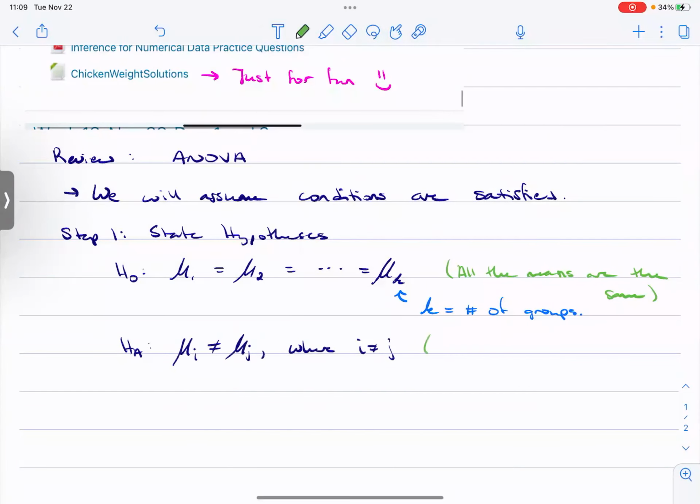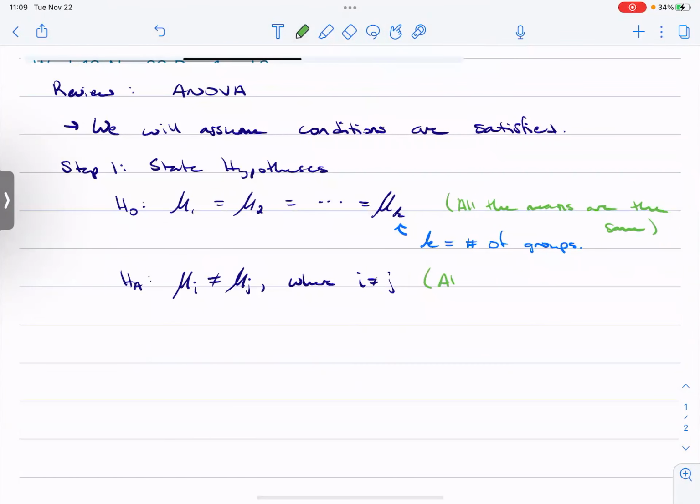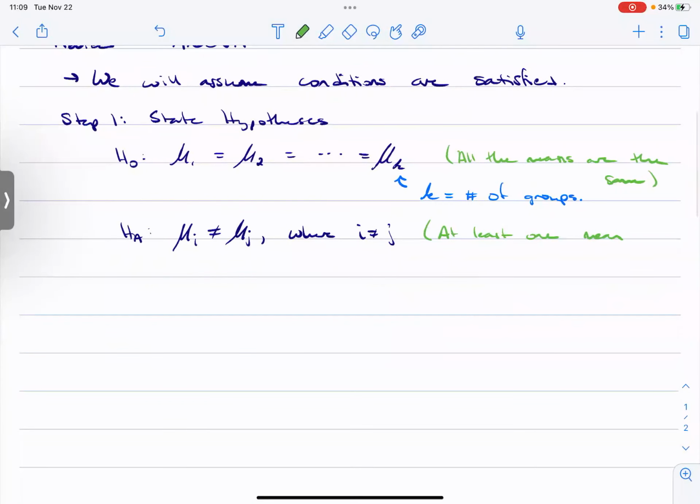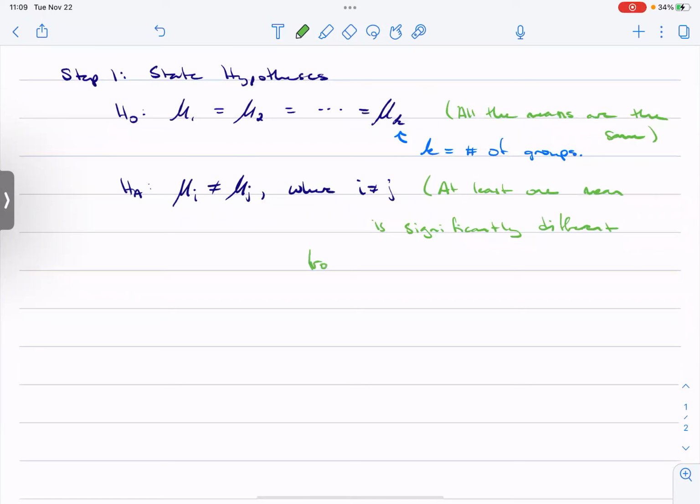In words, we would say at least one mean is significantly different from at least one other mean.